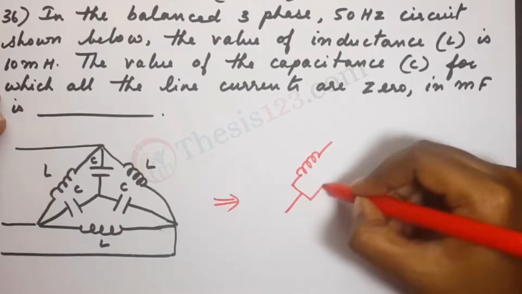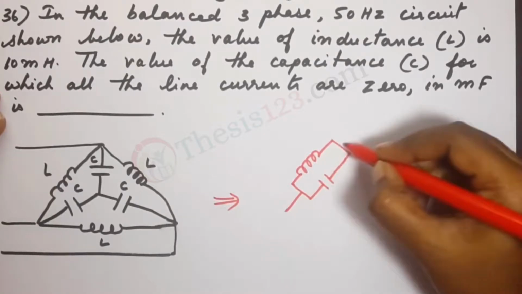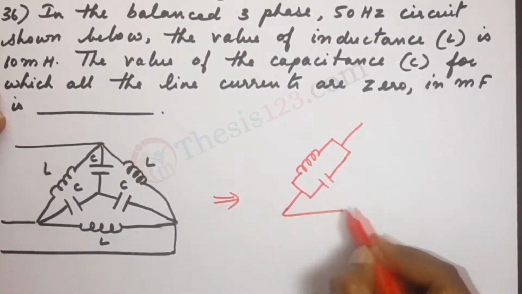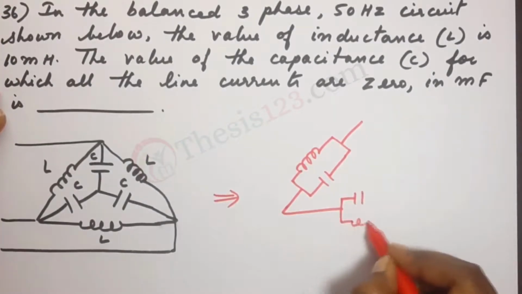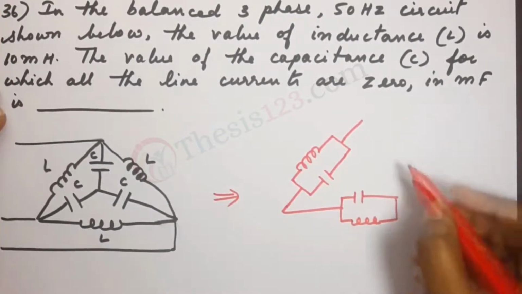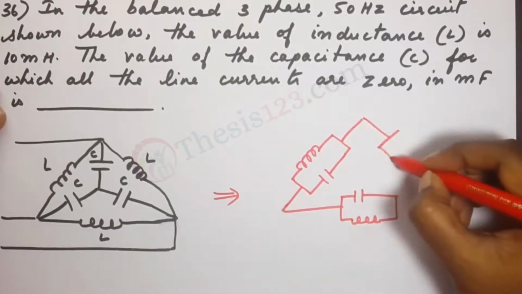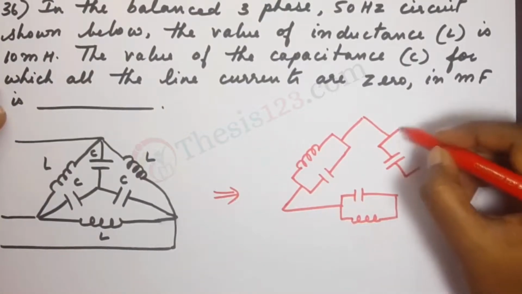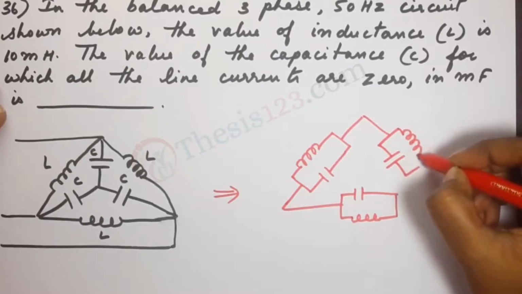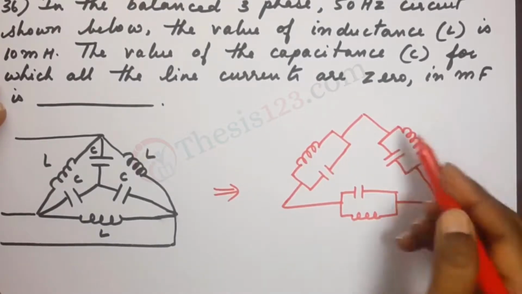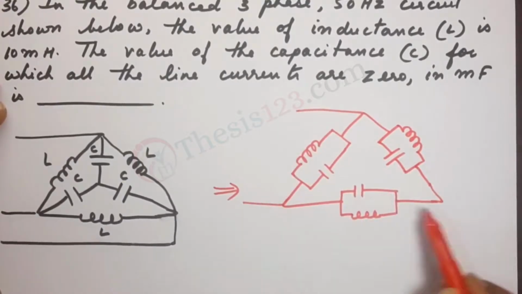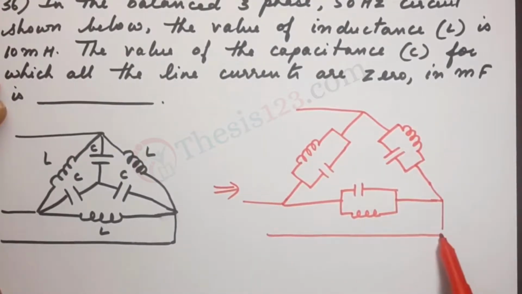We have an inductor, we have a capacitor in parallel. So this is how we are supposed to convert it. We have our capacitor here and inductor here. Okay. So this is what we have to convert the figure into.